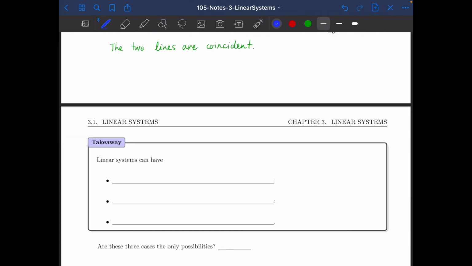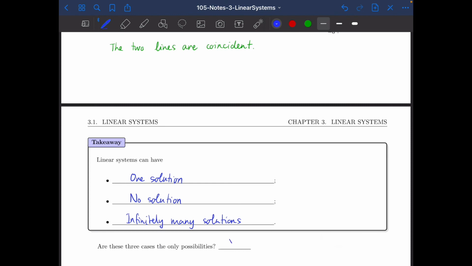What we've seen from the three systems we've solved so far is that linear systems can have one solution. They can have no solution at all. Or they can have infinitely many solutions. Now, are these three cases the only possibilities?